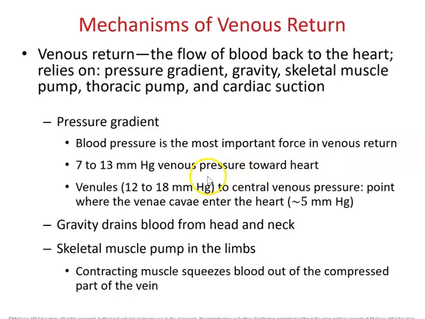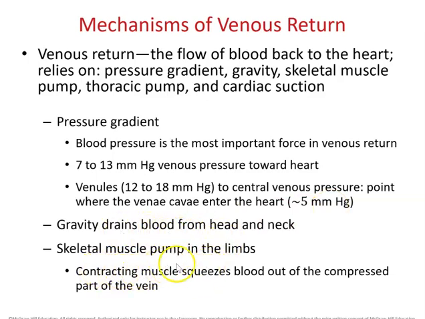The normal venous pressure toward the heart is between 7 to 13 mm Hg. Venule pressure will be 12 to 18 mm Hg. The point where the vena cava enters the heart is about 5 mm Hg. Gravity can drain blood from head to neck.